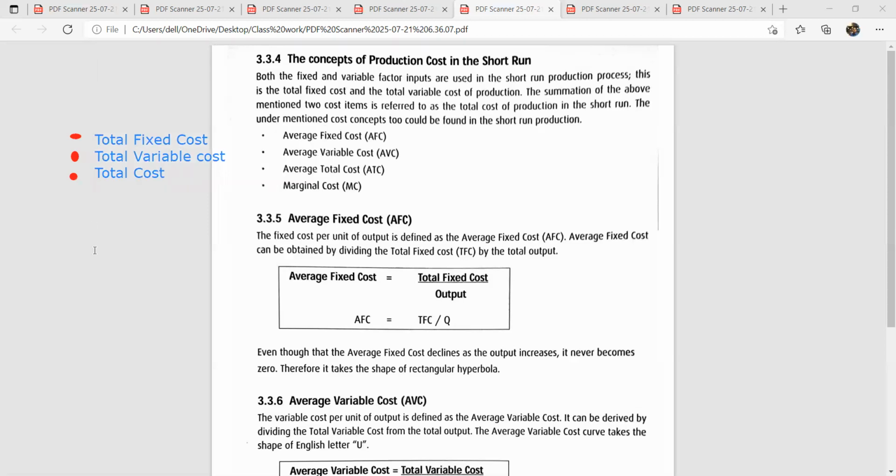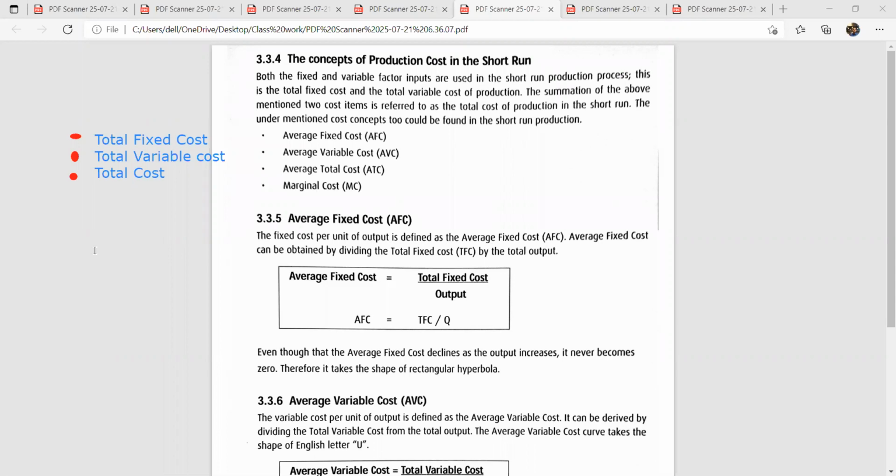So total fixed cost means the cost on fixed resources that does not vary with the level of output. And variable cost means the cost on variable resources that does vary with the level of output.